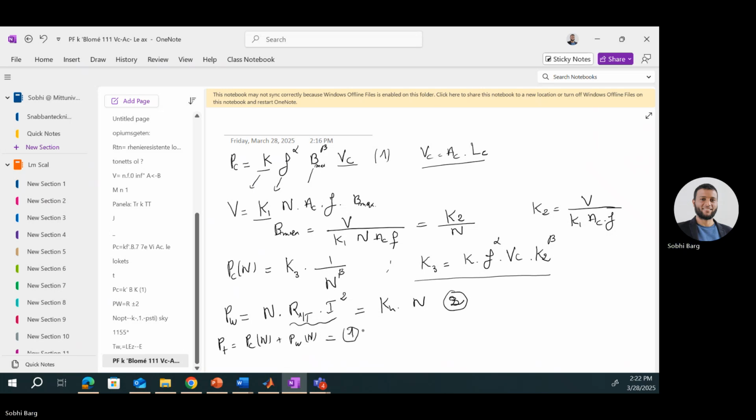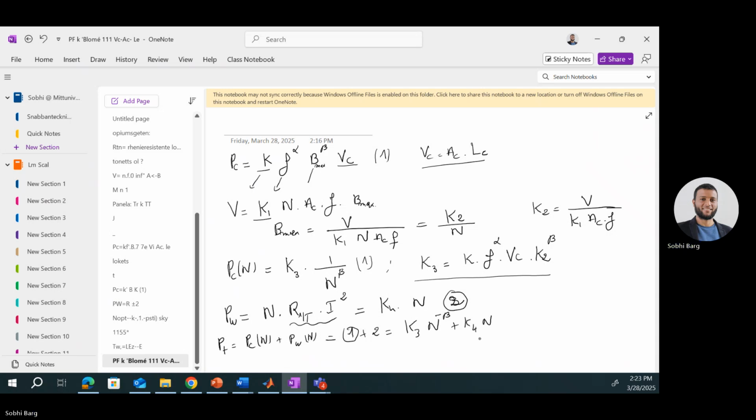So 1 plus 2 is equal to K3, this is 1 basically also after modification, K3 times n to the power of minus beta plus K4 times n.